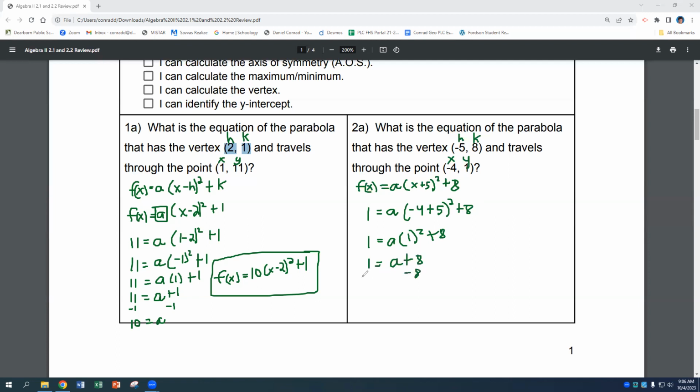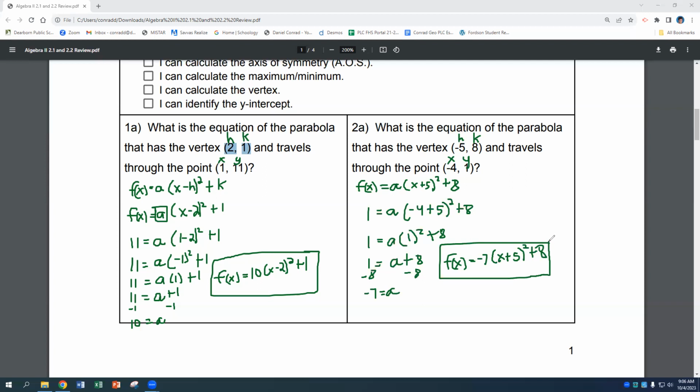Then I can subtract 8 on both sides, so I get negative 7 equals a. Now I have a, I can write my equation: f of x equals negative 7 times (x plus 5) squared plus 8. And there is my equation.